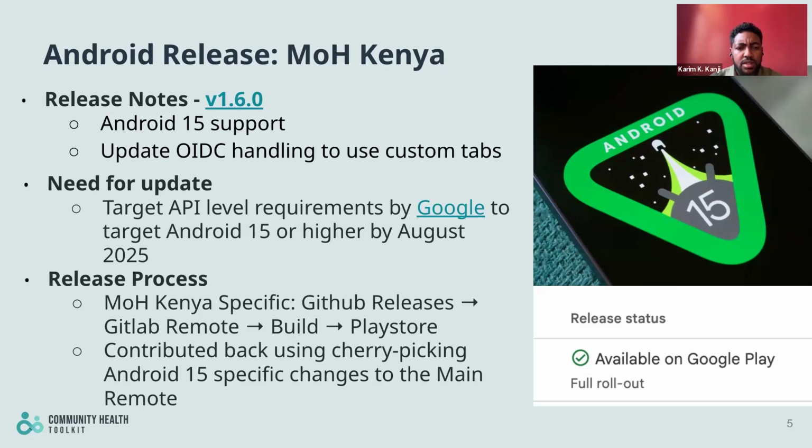For this particular contribution, we cherry picked the specific changes that had been done for Android 15. We had done additional changes, but we cherry picked those changes and pushed them up to the fork that I had made on GitHub, and created a PR against it.